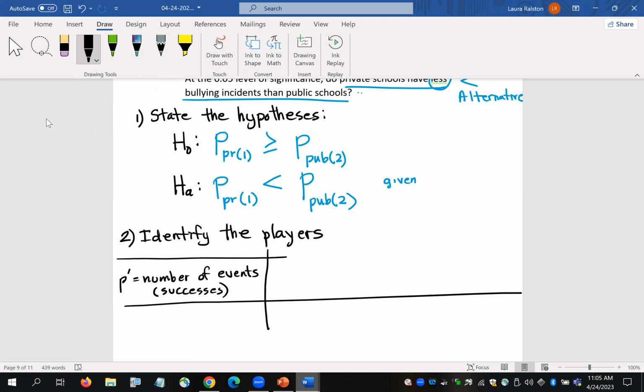And we need that information for private, which is group number 1, and we need it for public, which is group number 2.